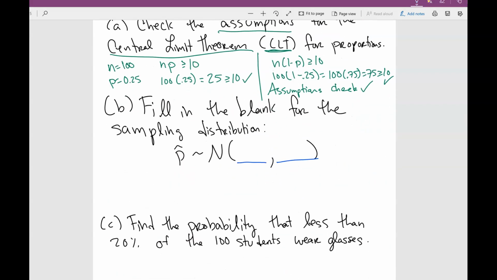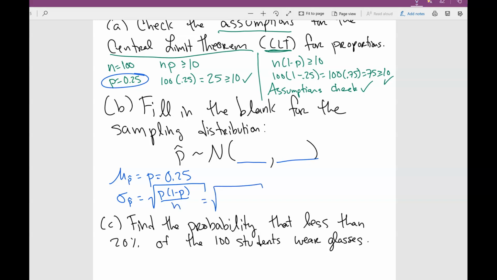First, let's figure out what the mean is. The mean of p hat, we know that's just equal to p. p in this case is equal to 0.25, so we're going to write 0.25 there. Then we're going to figure out the standard deviation, sigma sub p hat. That's just equal to the square root of p(1 minus p) over n.